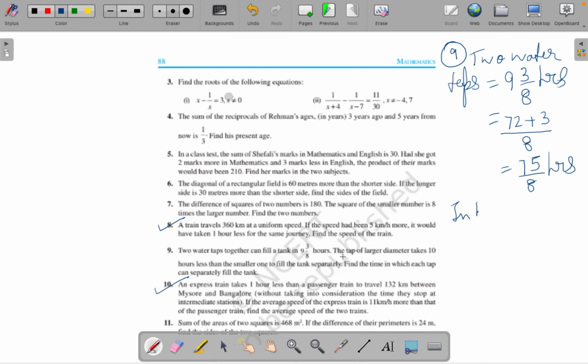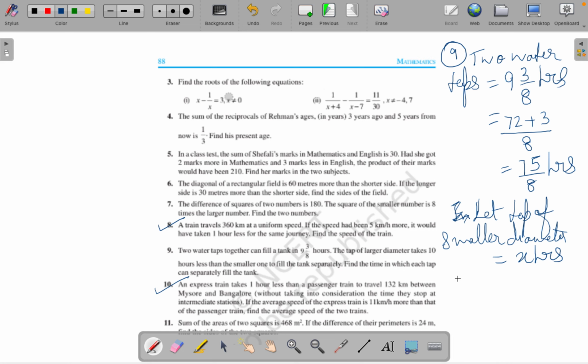Okay, let's go ahead and see it, then I will come back to it. The tap of the larger diameter takes 10 hours less than that of the smaller one to fill the tank separately. So let the tap of smaller diameter take x hours to fill the tank.